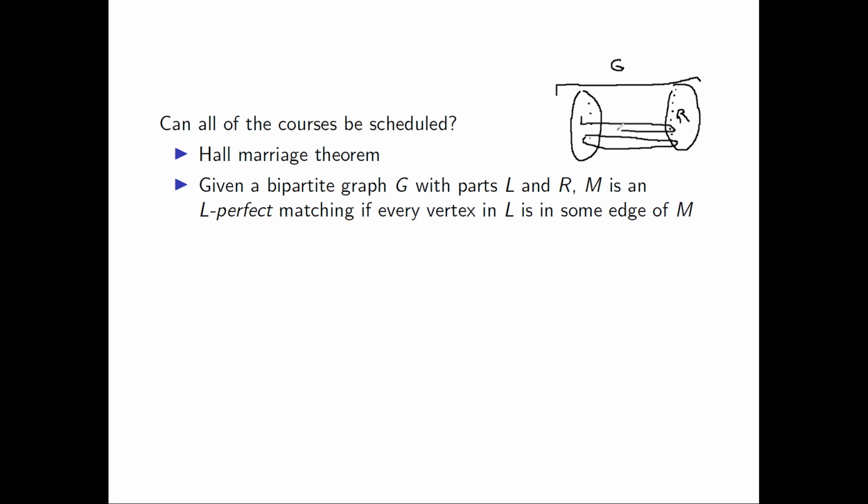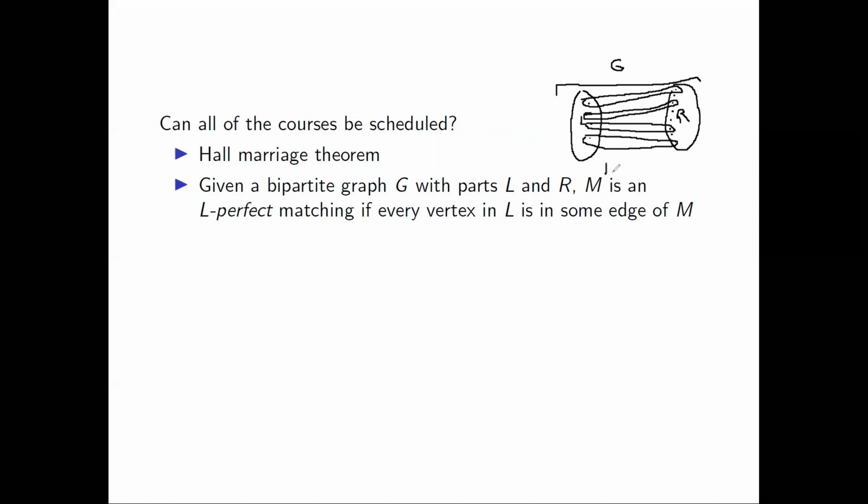And I'm going to draw my matching now. This is just a matching. So we call a matching on a bipartite graph G with parts L and R, we call the matching L perfect if every vertex in L is in some edge of the matching.